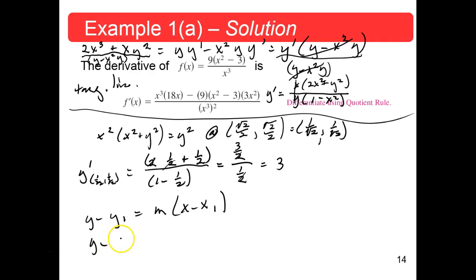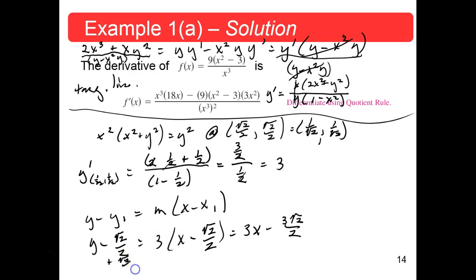Y minus, now we could go back to the other if you wanted to. Square root of 2 over 2 is equal to 3 times x minus square root of 2 over 2. I'm not sure that's any advantage or not. Now, what you could do with that if you wanted to is distribute and make that 3x minus 3 root 2 over 2, and then add root 2 over 2 to that.